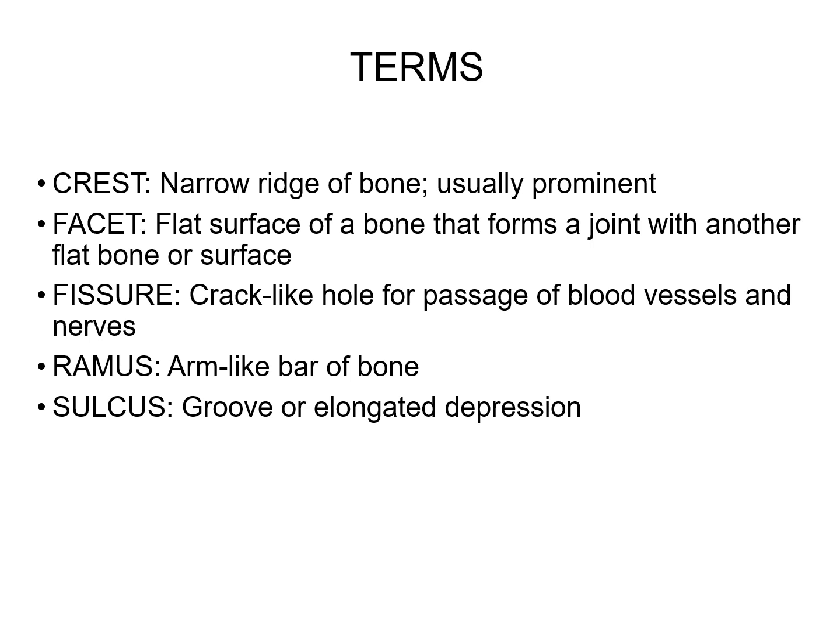Next term is a ramus. A ramus is kind of this arm-like bar of a bone. The prime example that most folks know is the ramus of the mandible, or the mandibular ramus. And basically, it's just where that angle connects all the way up to that condyle area. So it's basically the side of your face.